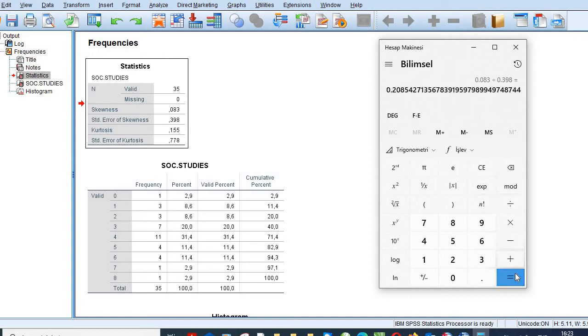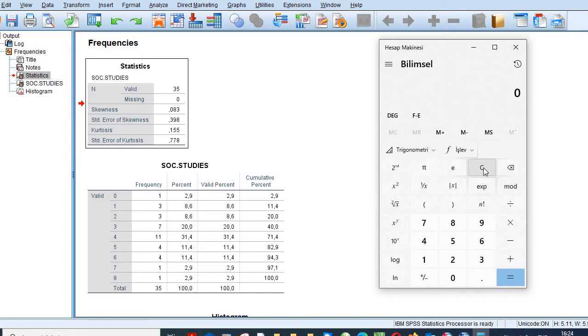What is the result? Good. Please note this value somewhere. It is 0.21. If you round this value, it's going to be 0.21. Good.